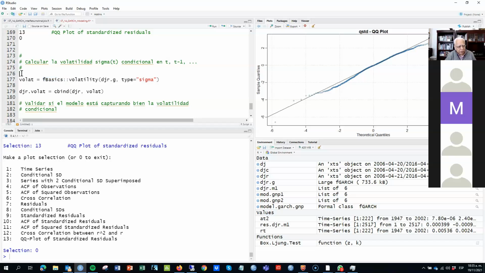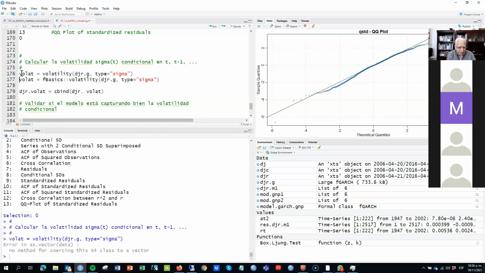Actually, if you try just volat equal volatility, then Dow Jones returns, that's the series, the Garch model, and the type of volatility that I want. I want to calculate the volatility for sigma, the standard deviation. Type equal sigma. It's exactly what I have down there.